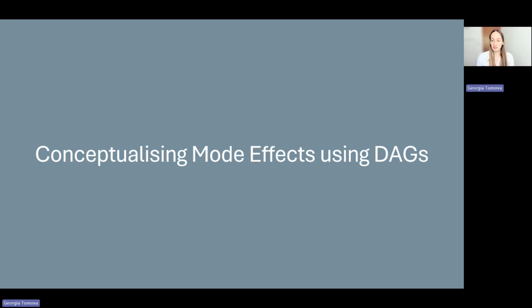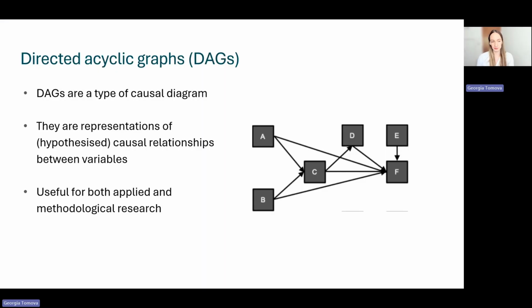And I know that some of you here will already be familiar with DAGs, whereas for others, that might not be the case. So just so that we're all on the same page, I'm going to give a brief introduction on DAGs. And for those of you who are already familiar with them, hopefully this will be a useful recap.